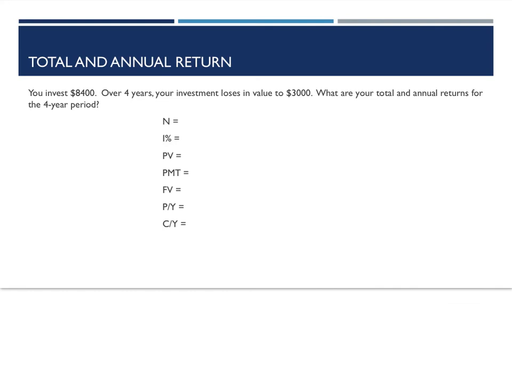Now this is the same example except backwards, meaning we lost money. If we lose money, when we do the total return, when we do the absolute change, we have to arrange our subtraction so that we lose money. So 3,000 minus 8,400 gives me negative 5,400.